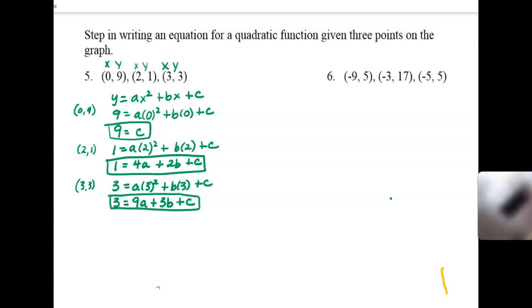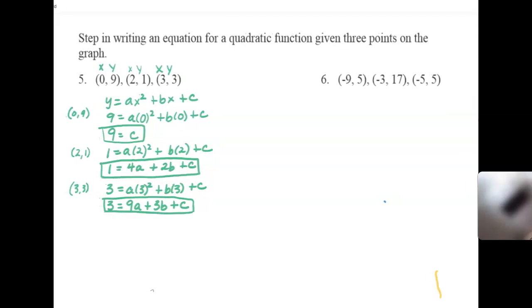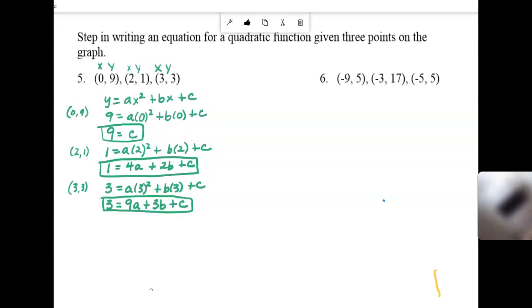Now, one of the things I hope that you start recognizing is that this looks very similar to a 3 by 3 system that we've done in the past. So first off, we know that c is 9, so we're going to substitute that in, because by substituting in that piece, I'm going to eliminate it down to a 2 by 2.